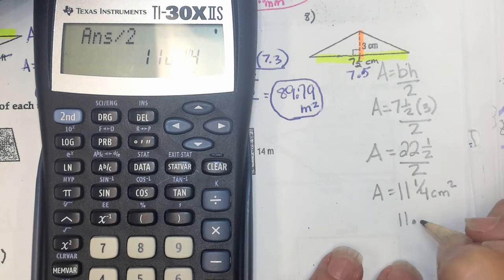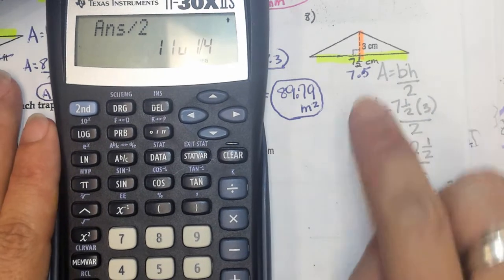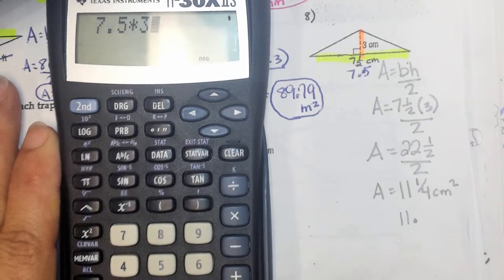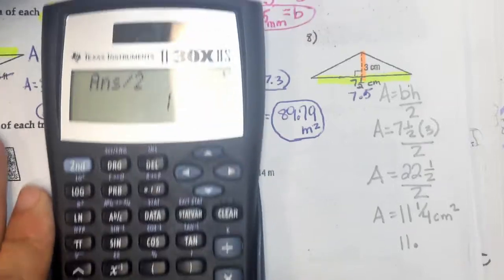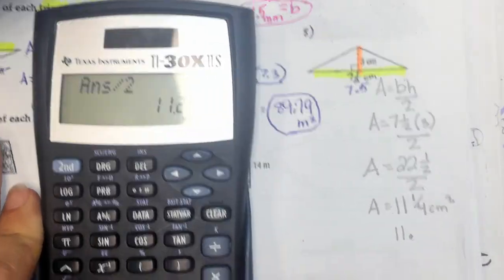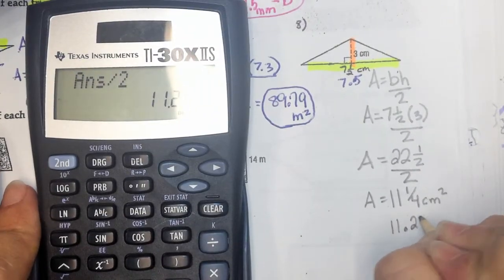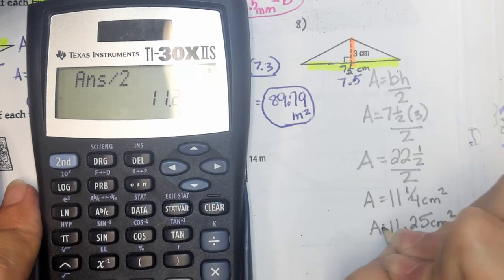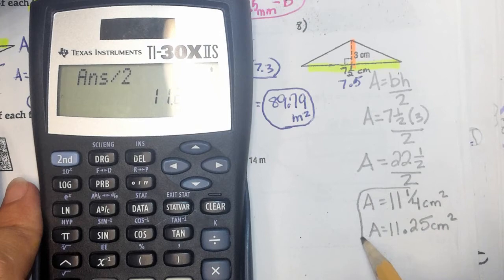what? So what if you did 7.5 times 3 divided by 2, 11.25. Those are both the same answer. It just matters if you worked it out in decimals or fractions.